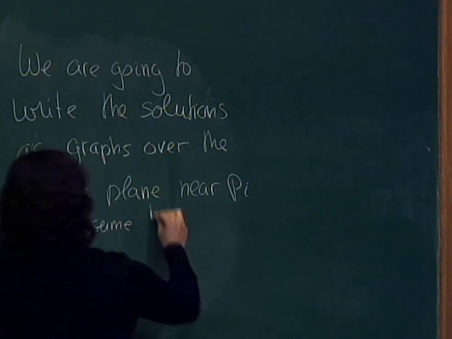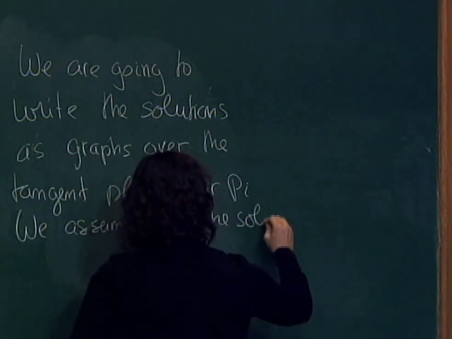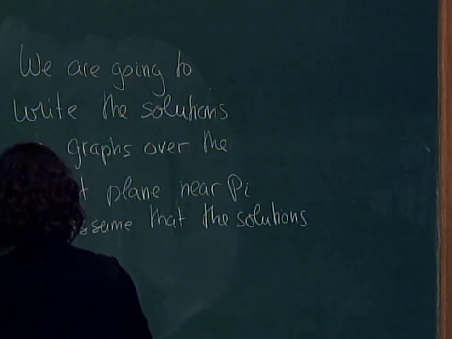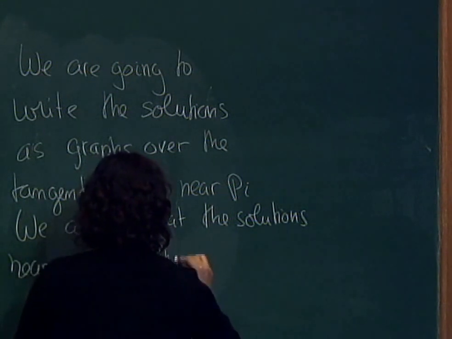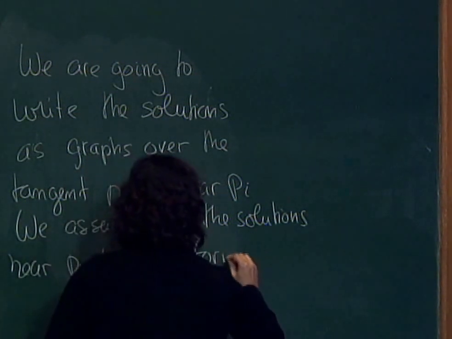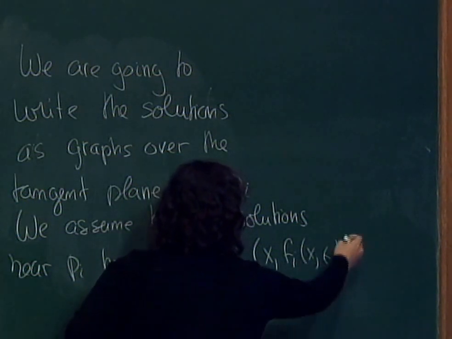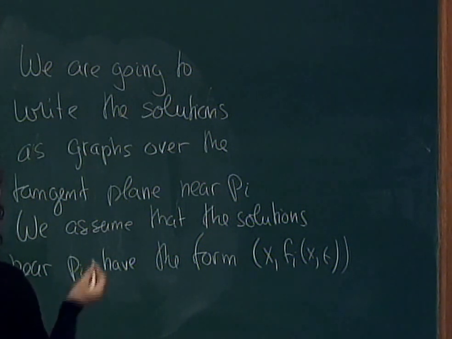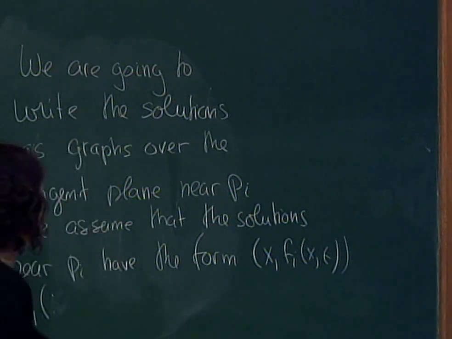Assume that F_i of x,t, basically. And just because I have to choose some order, I'll assume that the distance is attained at 0.